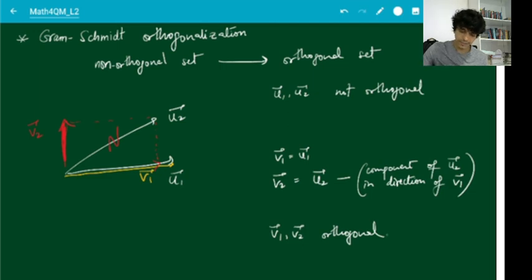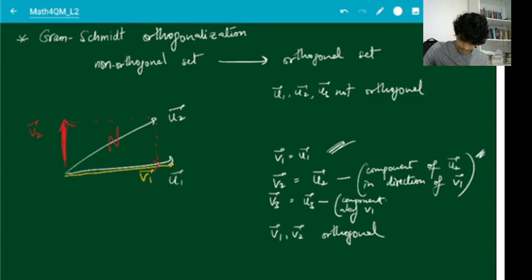I could have started off with three vectors in three-dimensional space. If there was also a u3 and they were not orthogonal to each other, then again I would define v1 like this. I would define v2 by throwing away the component of u2 which was along v1, and then to define v3 I would have taken my third vector u3 and subtracted from it the component along v1, and also subtracted out the component along v2.